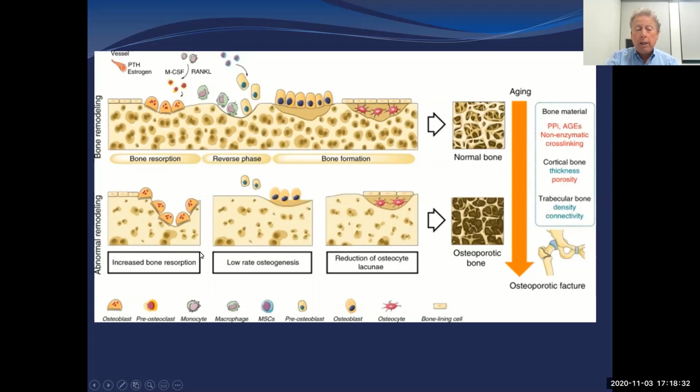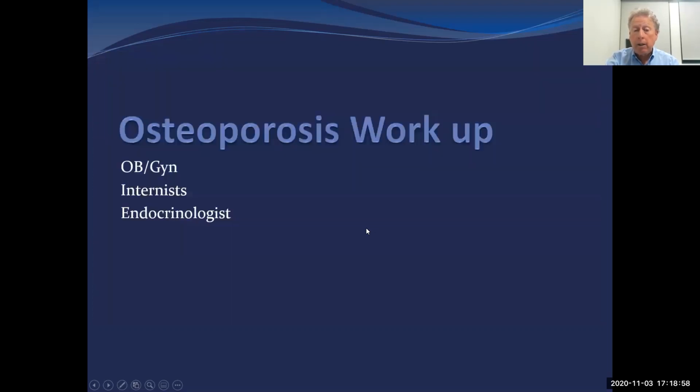Now, when things are out of whack here, for whatever reason, whether it be postmenopausal or for whatever reason, and there are lots of reasons, and we'll talk about those, this bone breakdown gets accentuated. We don't make so much bone, and then we have poor bone at that point at the end that is not so robust.